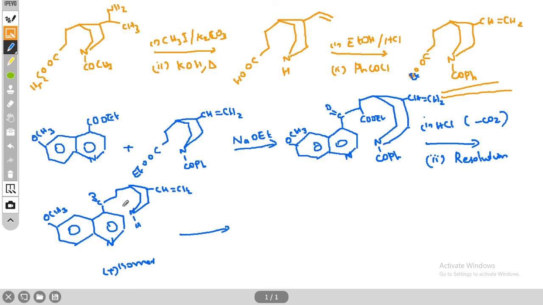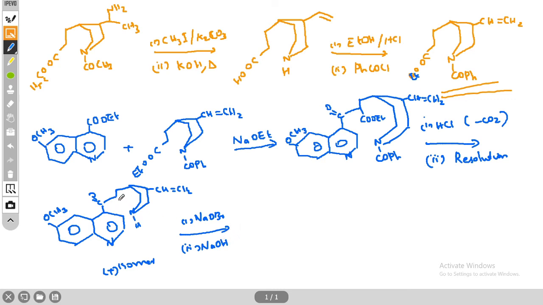Then we should attach these two groups by using NaOBr, followed by reaction with NaOH.